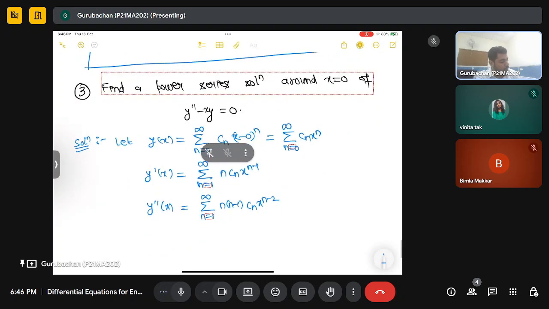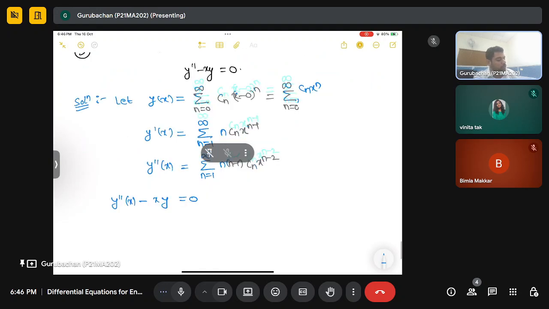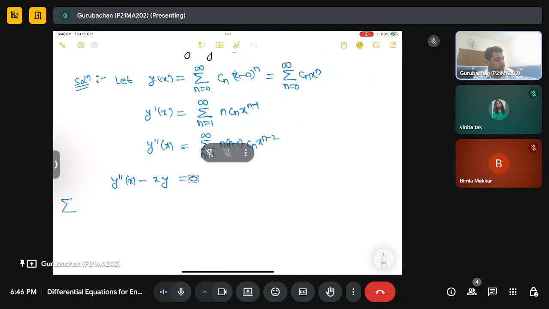So given is y double dash x minus xy is 0. We just need to substitute the values of both.